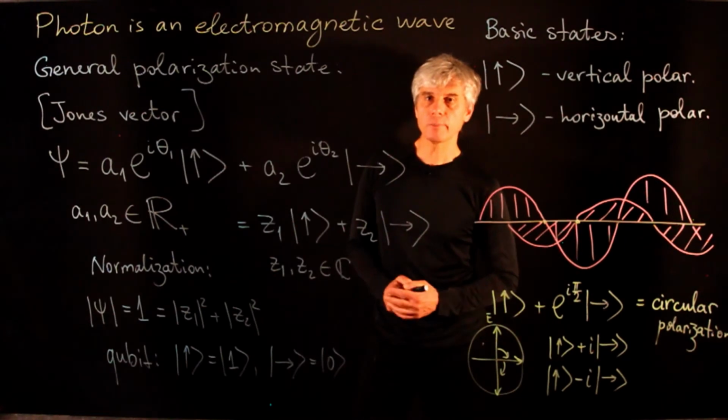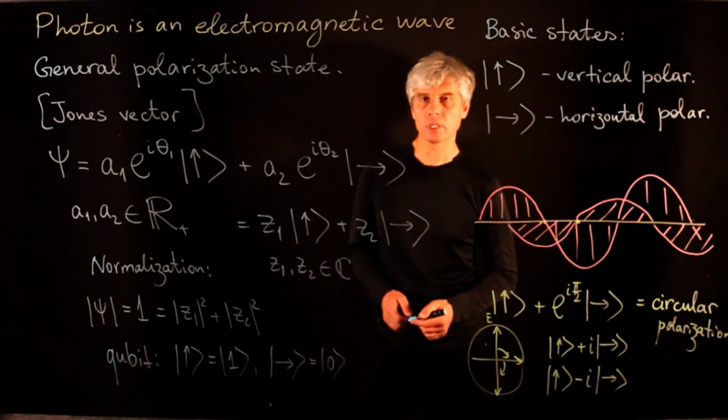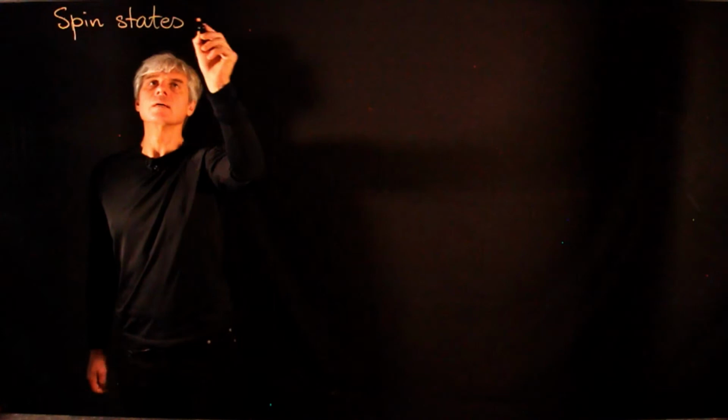Another promising implementation of one qubit is to use not photons, but electrons and their spin states. So let us discuss spin states of an electron.